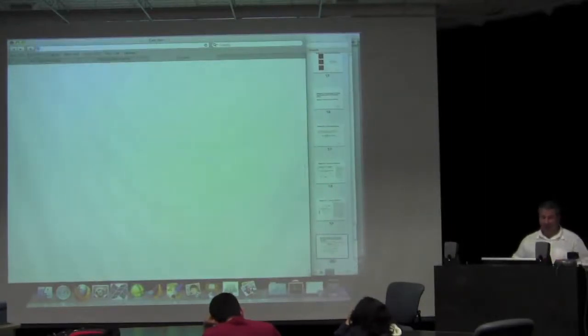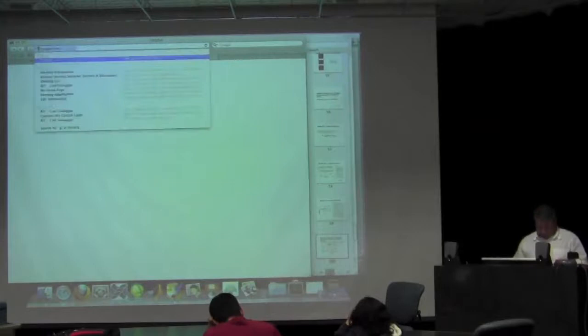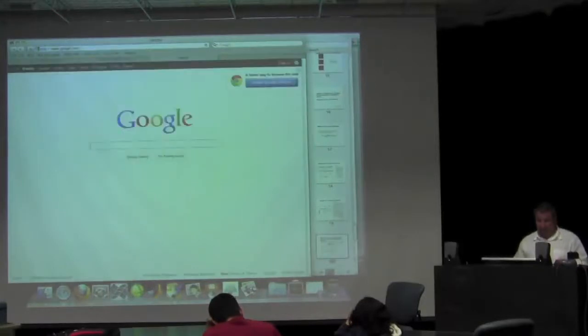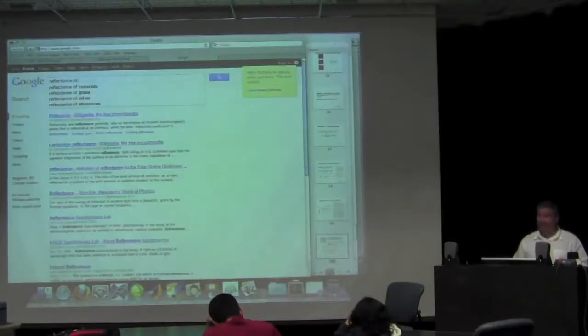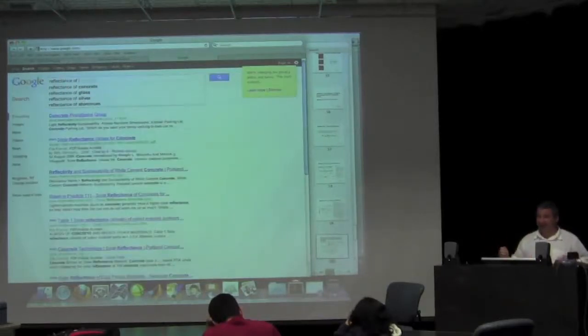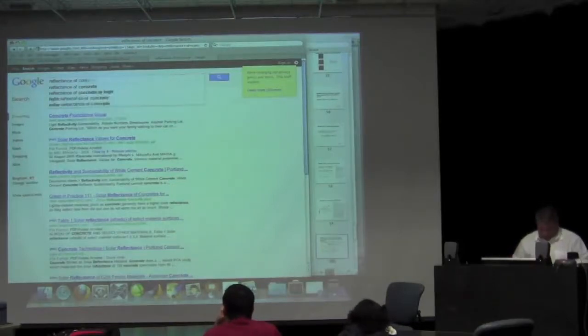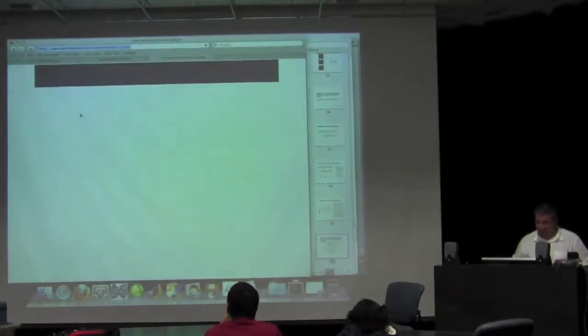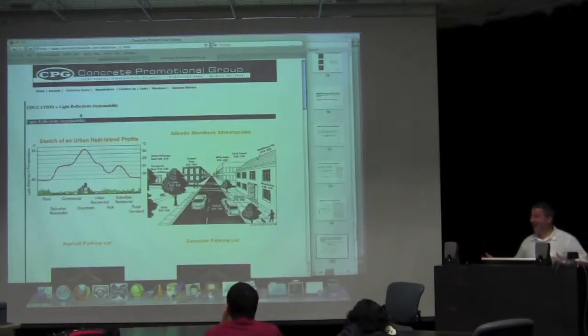let's just try something right here. Reflectance of, pick a material. Concrete. That's the first one. Let's see. All right, reflectance of concrete. It's not linear. Well, it's not linear.